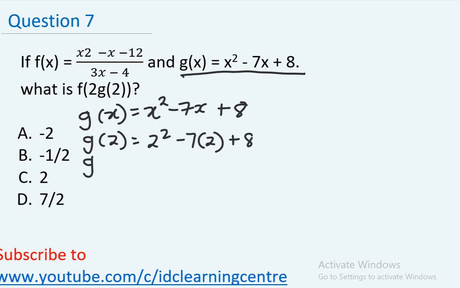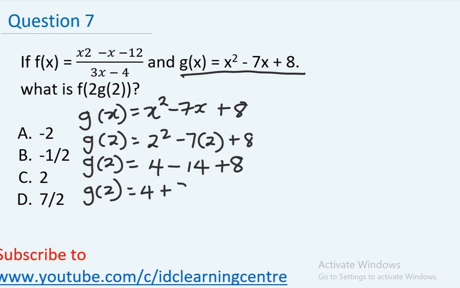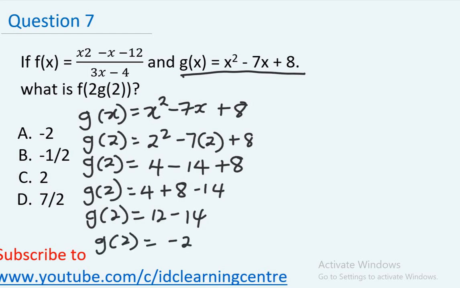So g2, let's get the value: 2 squared is 2 times 2, which is 4, minus 7 times 2, 14, plus 8. Collect the like terms. g2 will be 4, bring positive 8, and you do subtraction last. g2 will be 4 plus 8 is 12. 12 minus 14, g2 will be minus 2. 12 minus 14 is minus 2.